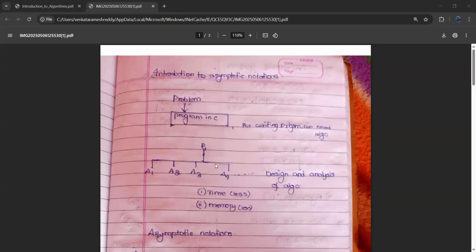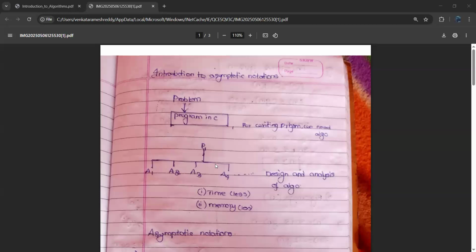The next one is memory. Memory means the amount of space that we use for the problem. While solving a problem, not only do we have to consider time complexity, but also memory. Whatever algorithm takes less memory for the given problem, we have to consider that.